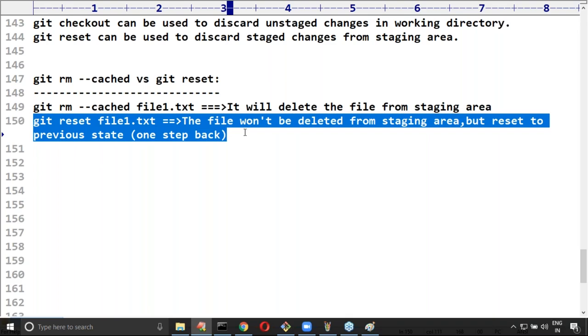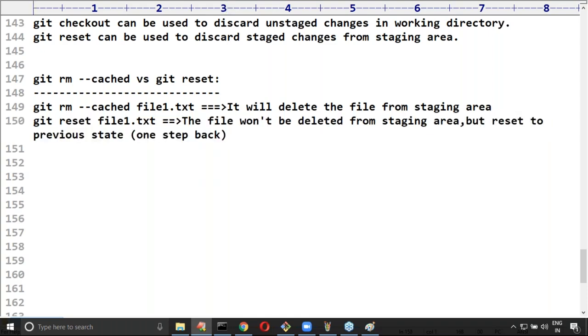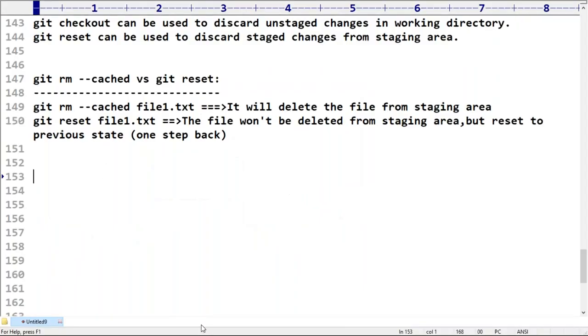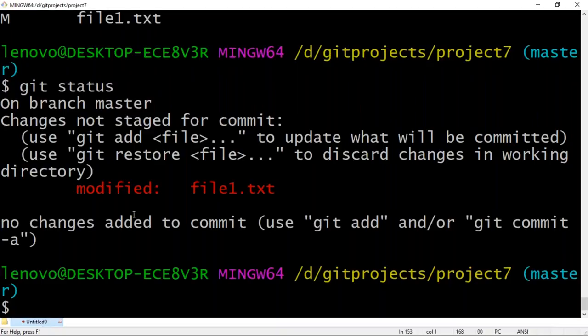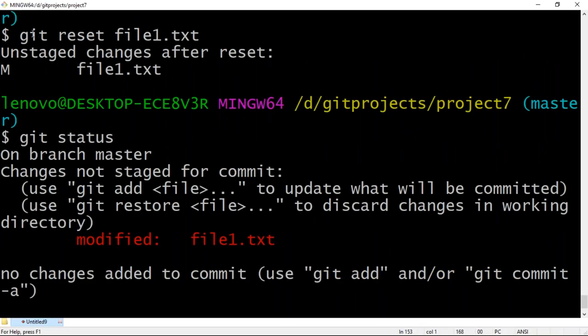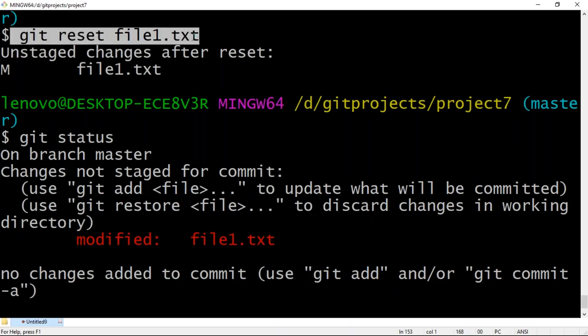Whatever changes you currently added will be ignored, but the file is still there in the staging area. Where is the proof? Now observe. I used the git reset command, right. Is the file there in the staging area or not?